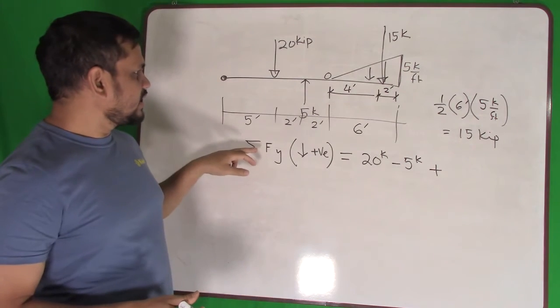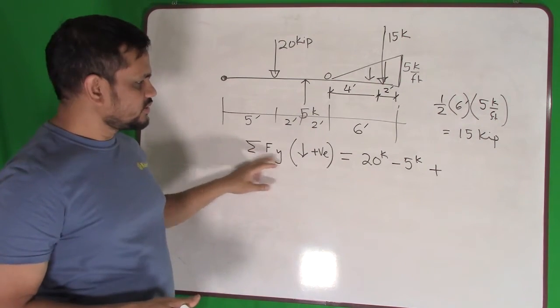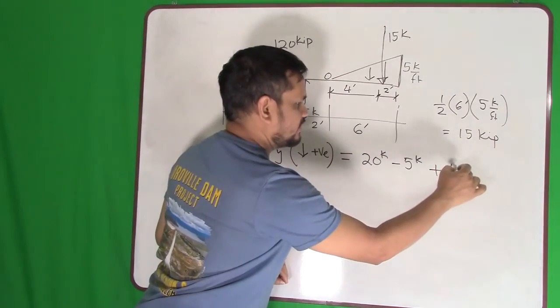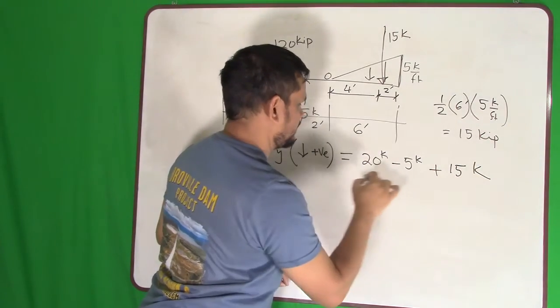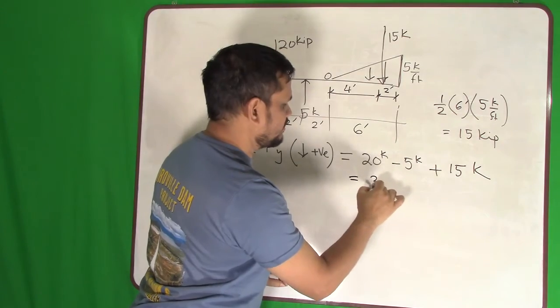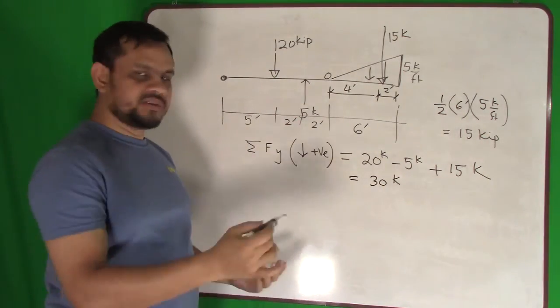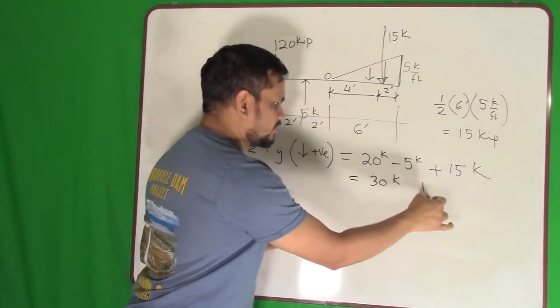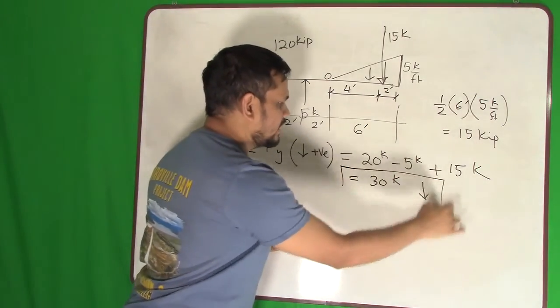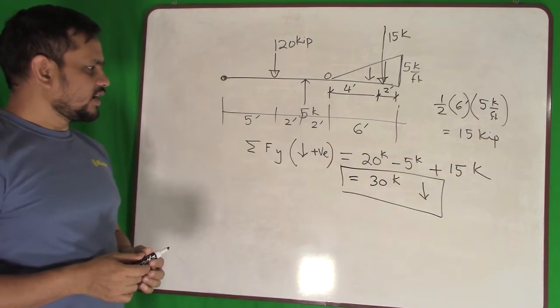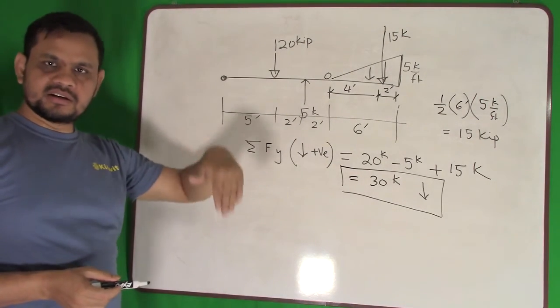Now I am taking the assumption of force. So 20 down, 5 up, now I have 15 down. What is the force now? I got 30 kip and I got a positive number. Positive number means downward. So my resultant force is 30 kip and it is acting downward.